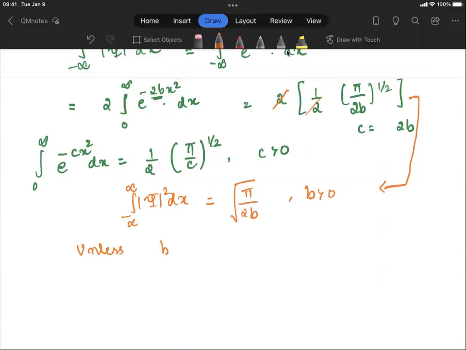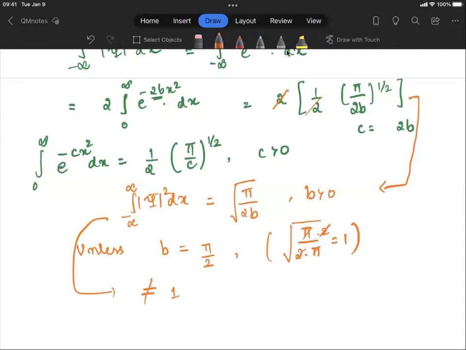So unless b is equal to pi over 2, in which case we would have unless b equals pi over 2, the probability density is not equal to 1. When b is actually equal to pi over 2, then the state function is normalized.